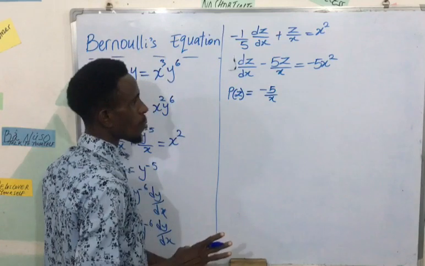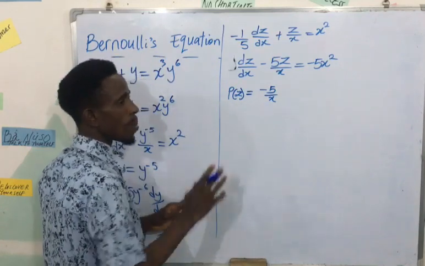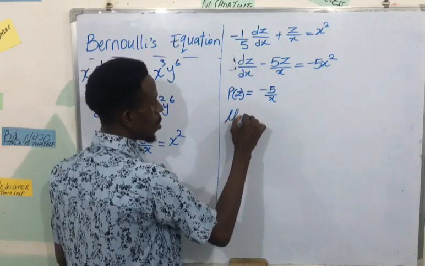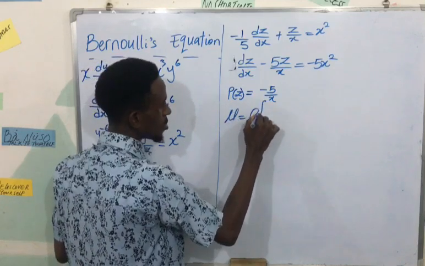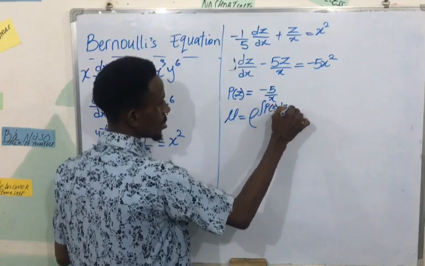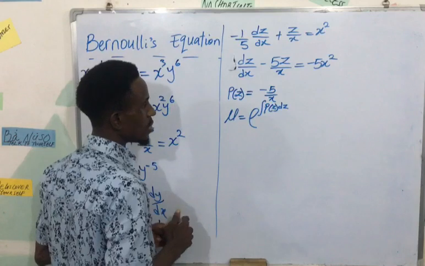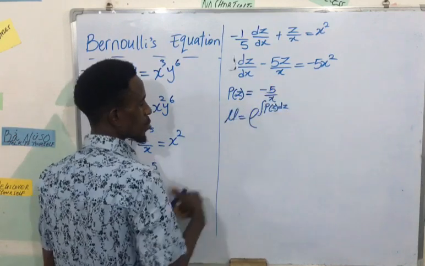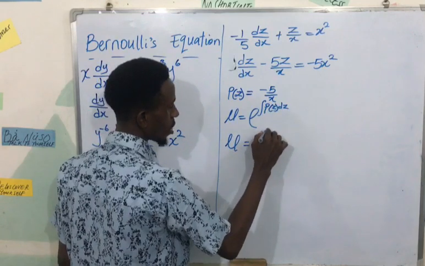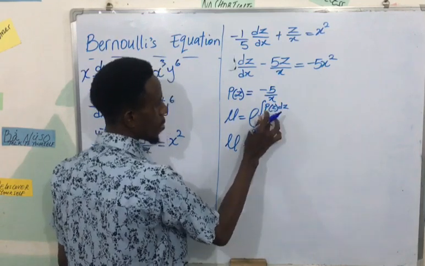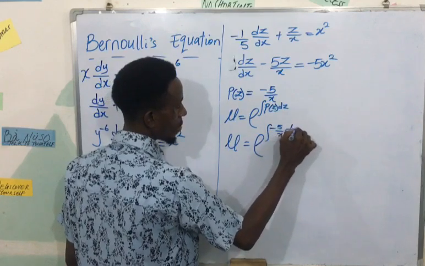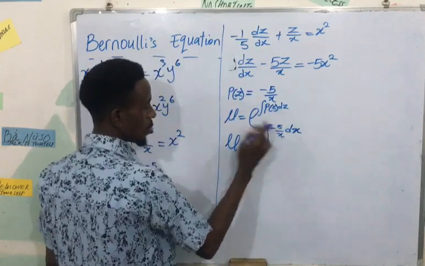So I want to look for my integrating factor. My integrating factor is going to be exponential, the integral of p of z dz. So p of z is this. I'm going to have my integrating factor as exponential, the integral of minus 5 over x dx.